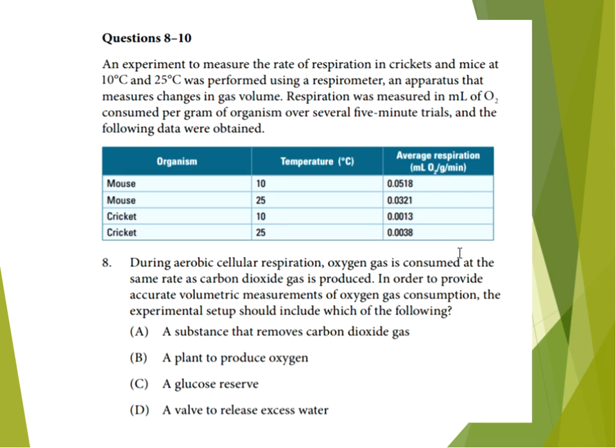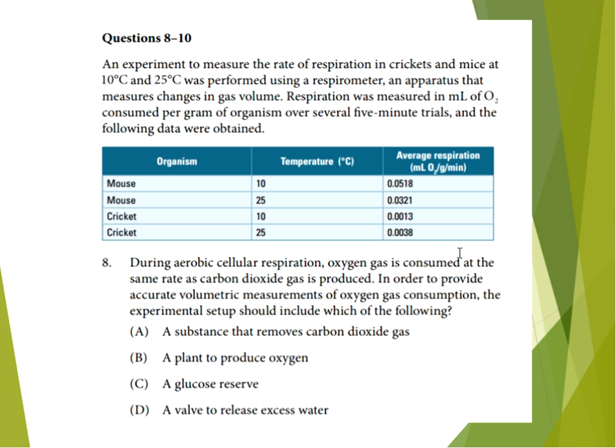It was performed using a respirometer, which is an apparatus that measures changes in gas volume. Respiration was measured in milliliters of O2 consumed per gram of organism over several 5-minute trials, and the following data were obtained. So we have the mouse at 10 degrees, a mouse at 25, a cricket at 10, and a cricket at 25, and their average respiration rate is listed.